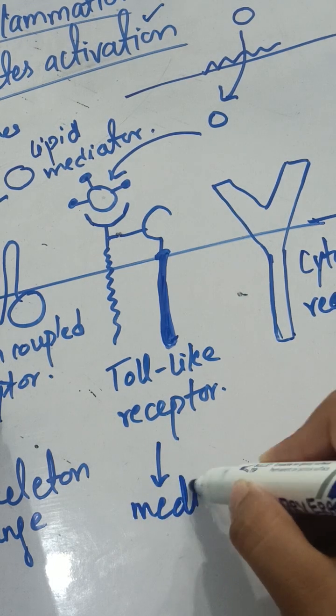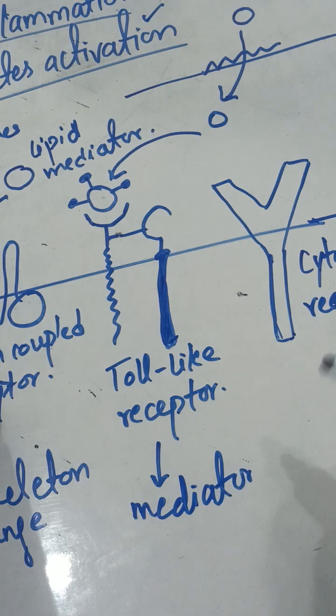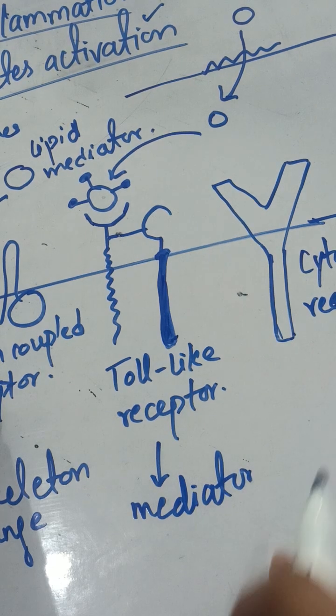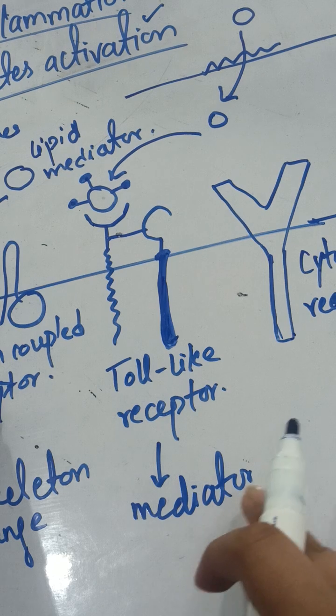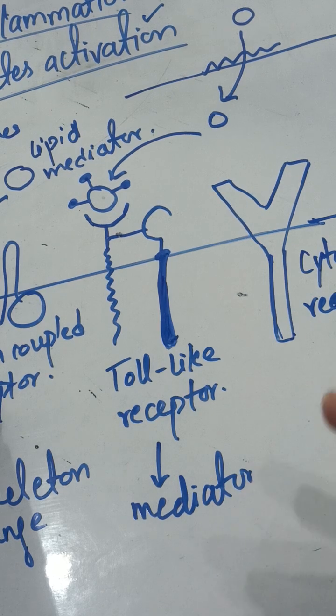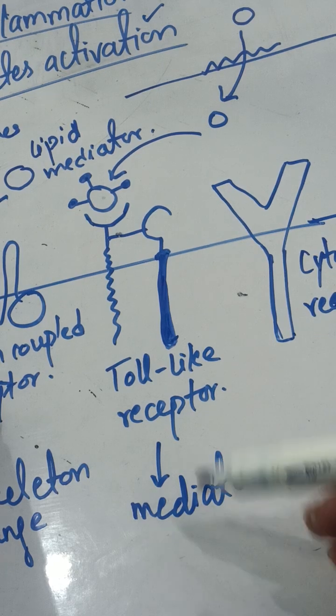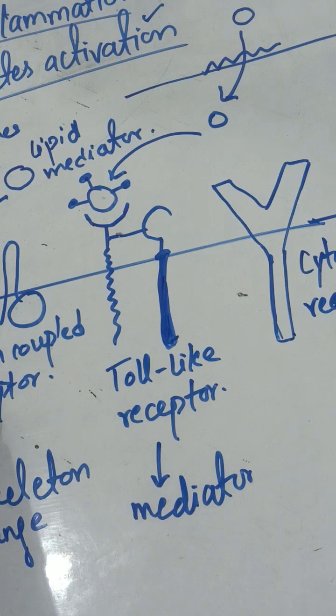Some of the mediators produced will regulate your inflammation, like the mediators produced through arachidonic acid. Through arachidonic acid, your leukotrienes, your prostaglandins, and your thrombin, these are the major inflammatory mediators produced this way. So these mediators will regulate your inflammation or prolong the inflammation.